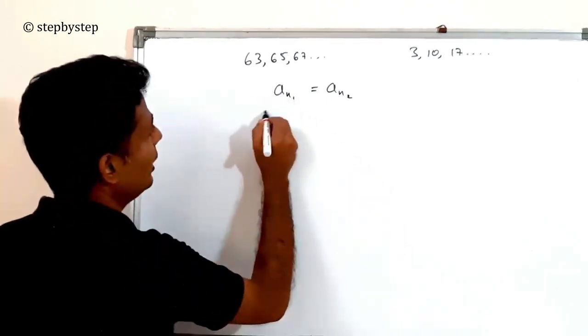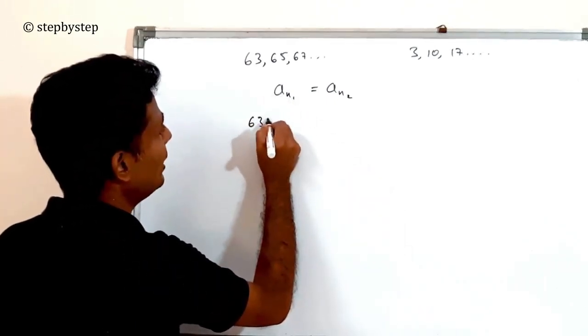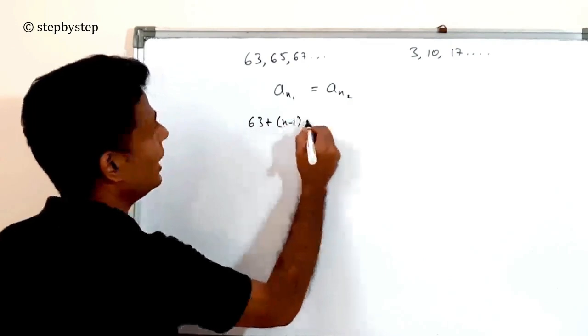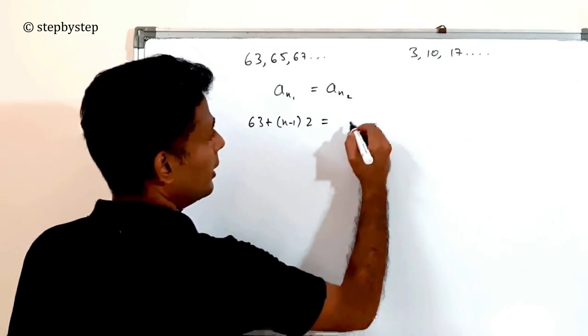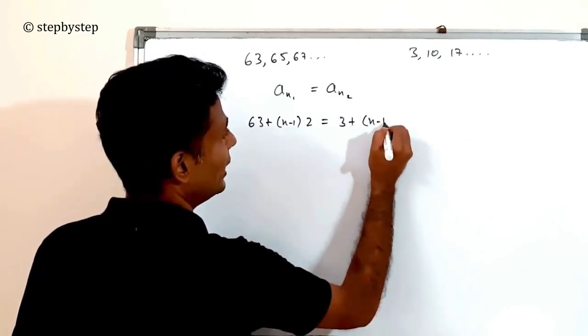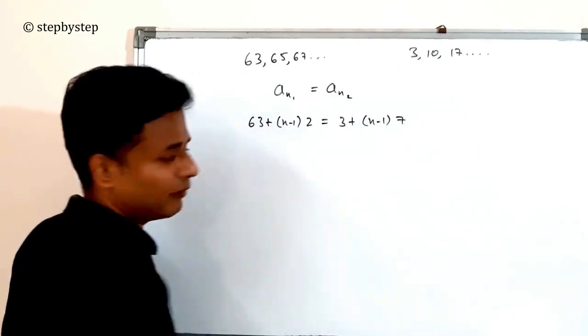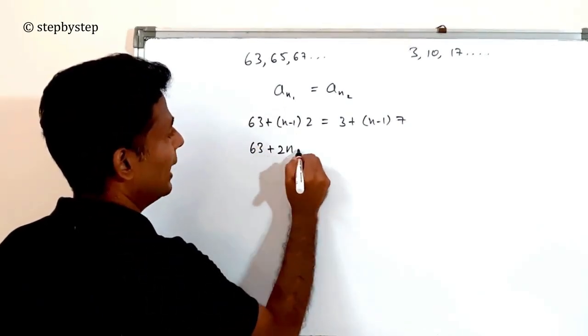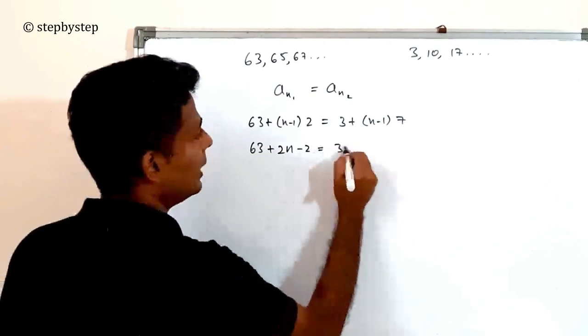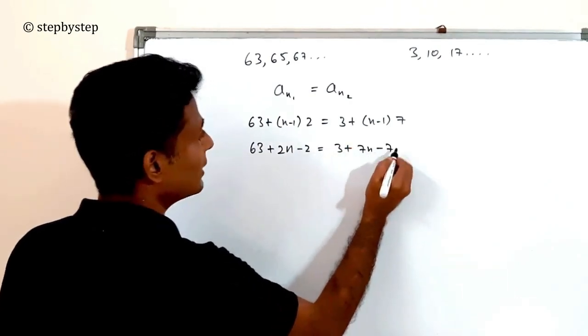Apply the formula. A of n is a, that is 63, plus n minus 1 into d, which is 65 minus 63, 2. This is equal to a, that is 3, plus n minus 1 into d, which is 10 minus 3, 7. I'll open the brackets. 63 plus 2n minus 2 equal to 3 plus 7n minus 7.